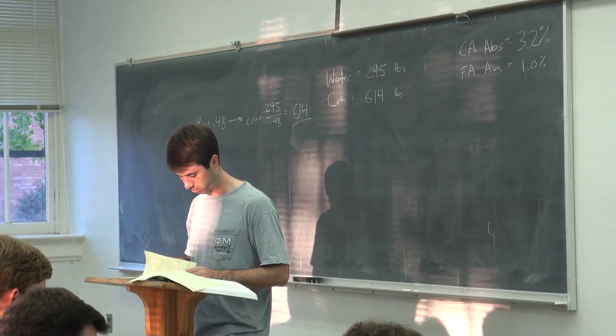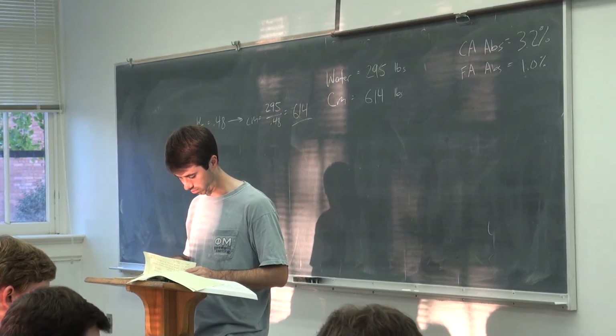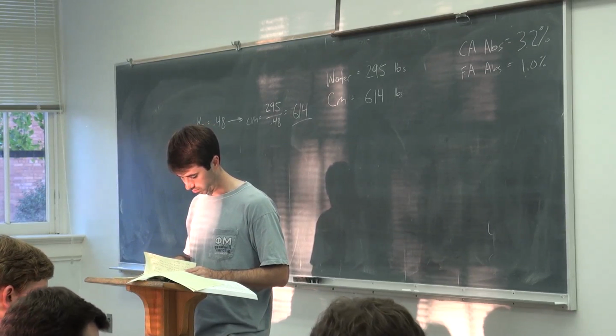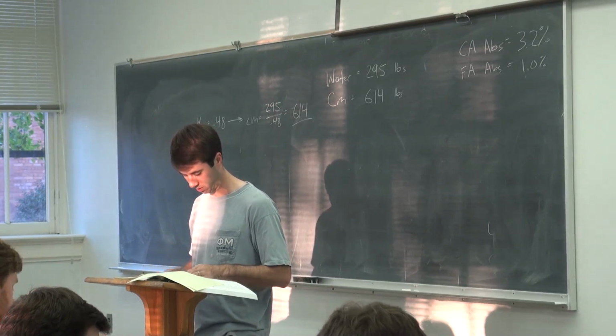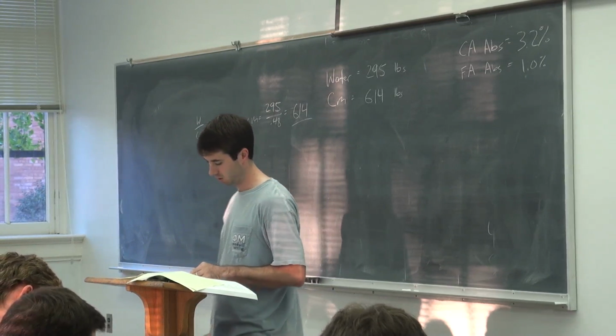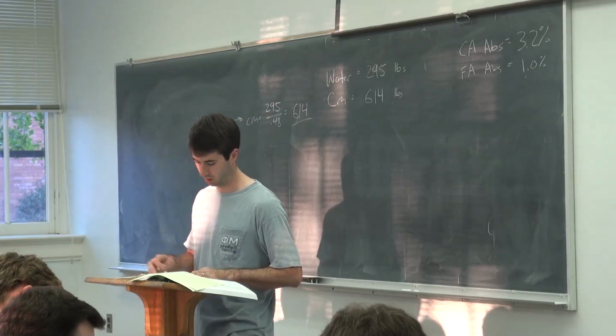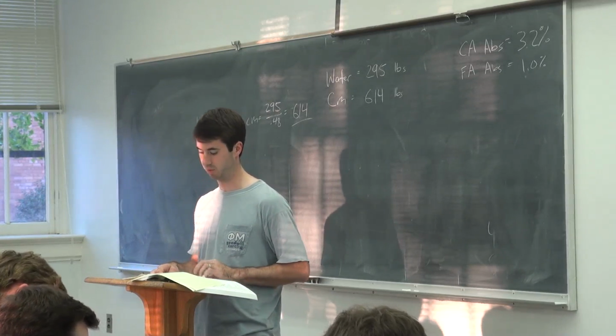Our bulk volume of the coarse aggregate would be 0.665. You want to get fancy. And then we're given a coarse aggregate dry rodded unit weight of 98.5 pounds per cubic foot.